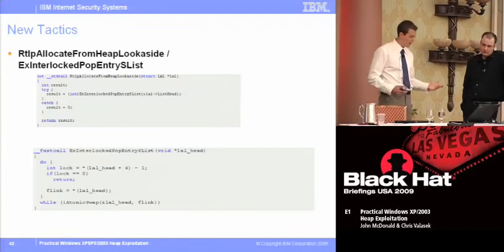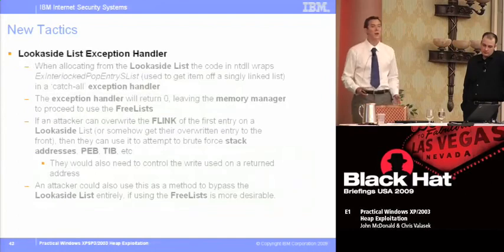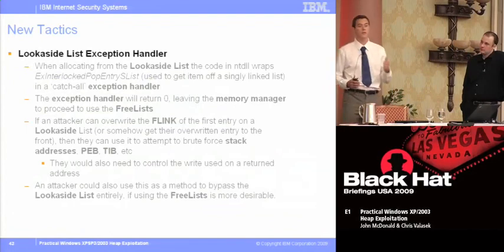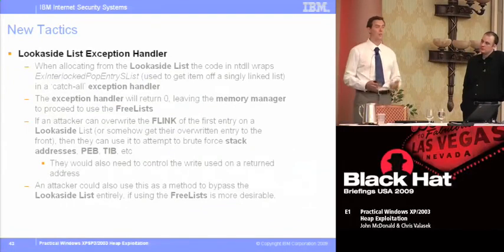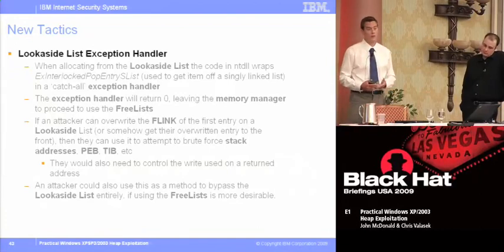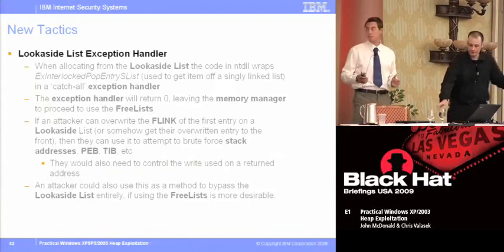And we thought about this, and we thought of ways that you could make this to your advantage. Well, if you can overwrite quite a few entries in various look-aside lists, you can try to do some stack guessing or PEB guessing. And the example I came up with was, so there's randomization of the PEB somewhat.